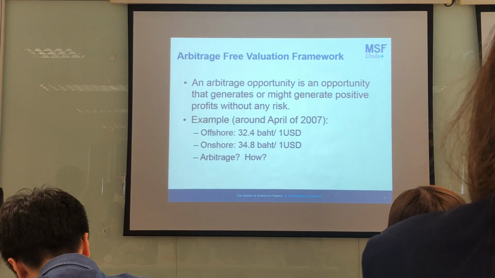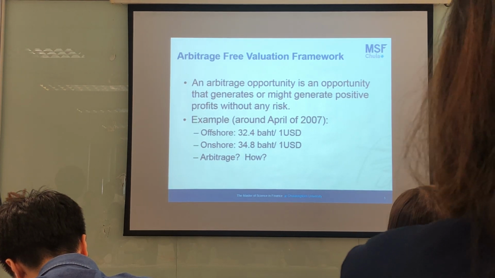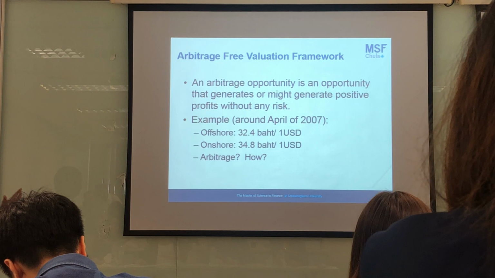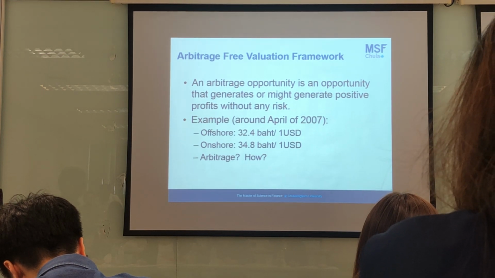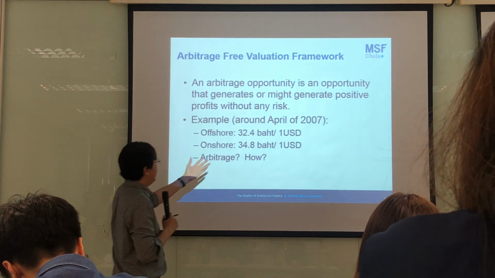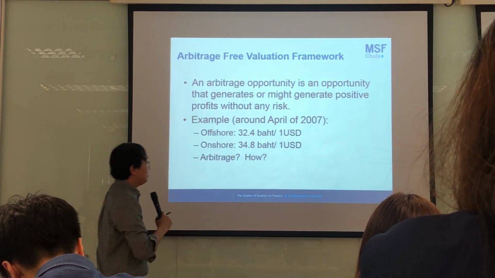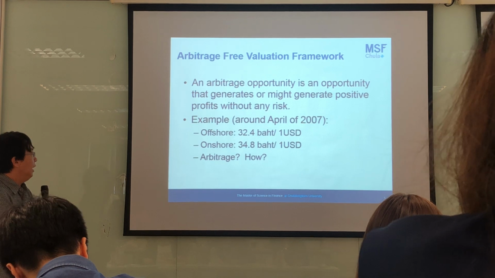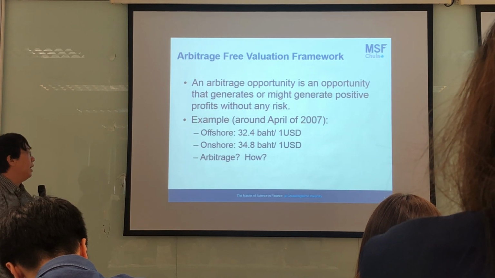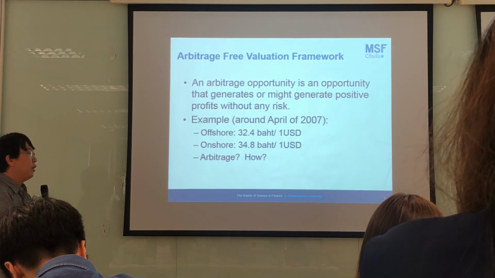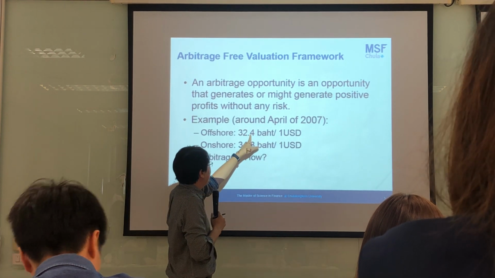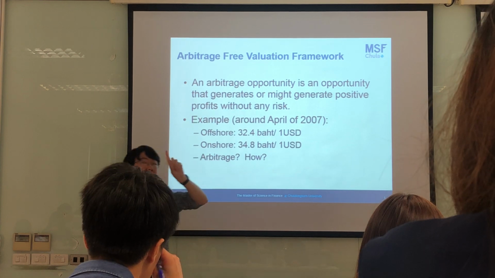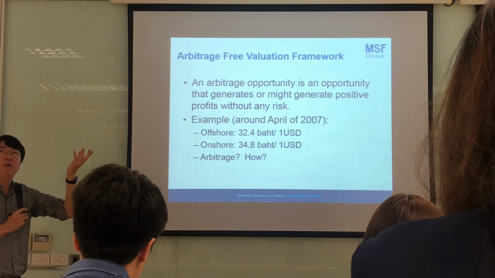So based on the law of one price, this is not one price, it is two prices. Based on this difference, we can make an arbitrage profit. How? You can borrow Thai baht and use that Thai baht to buy $1 by paying only 32.4 baht to get $1.